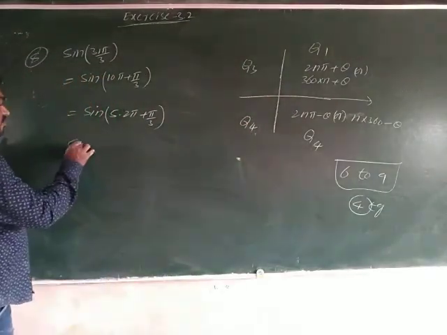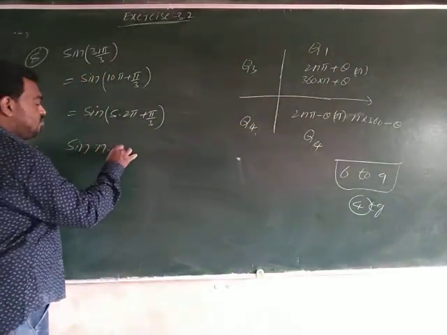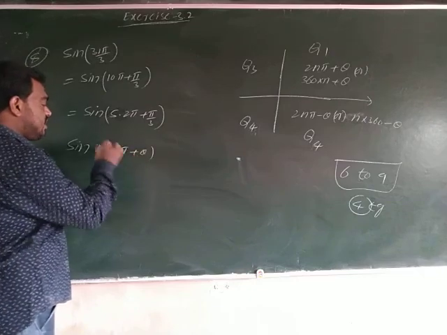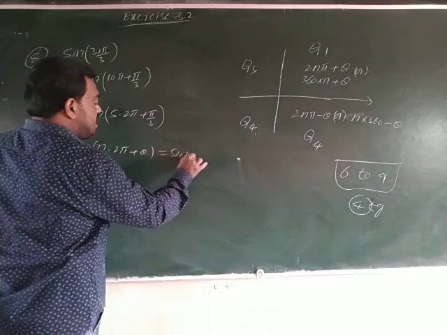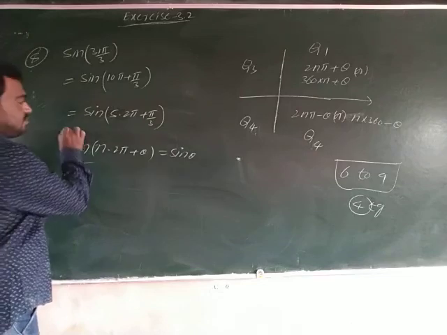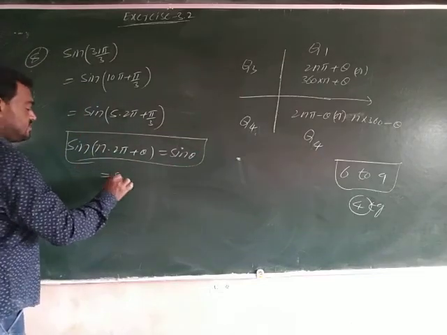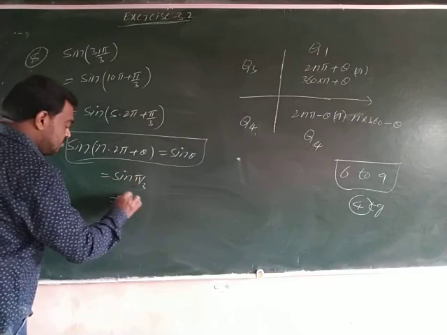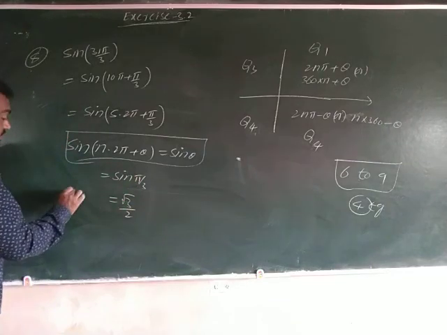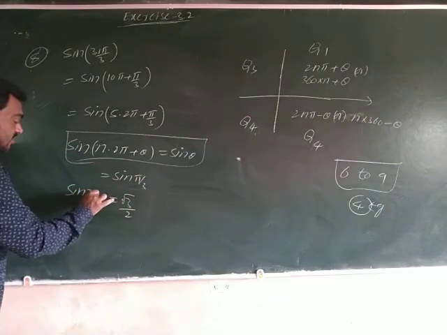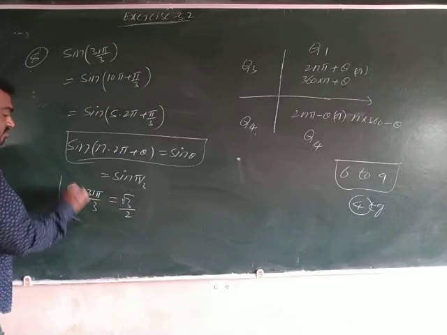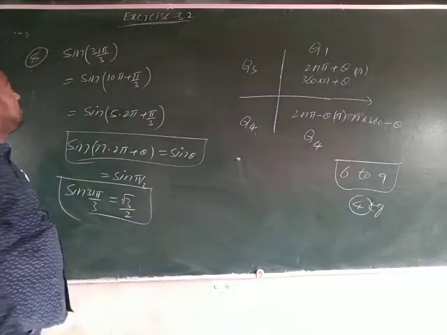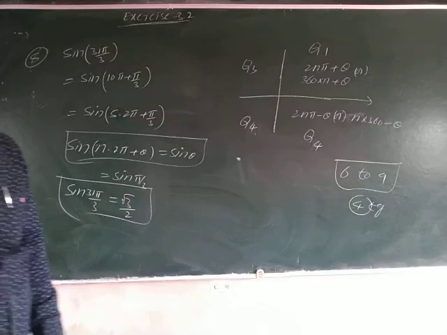Sine of n into 2 pi plus theta is equal to sine theta. So similarly, this is equal to sine pi by 3. Sine 60 value is root 3 by 2, so sine 31 pi by 3 is equal to root 3 by 2. This is your 8th solution.